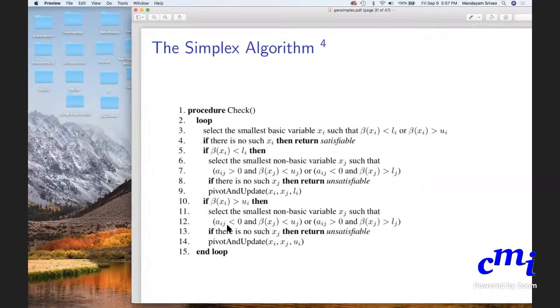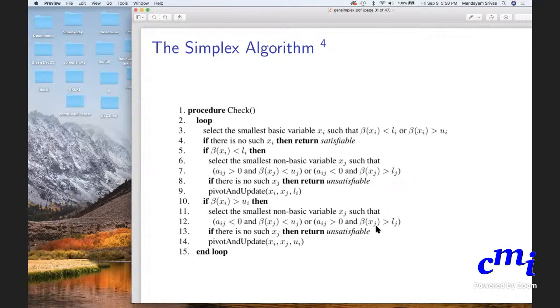If the coefficient of the chosen non-basic variable in the equation in the tableau corresponding to xi is negative, then you have to increase xj, and therefore you have to ensure that the xj variable has enough slack, that it is less than uj.